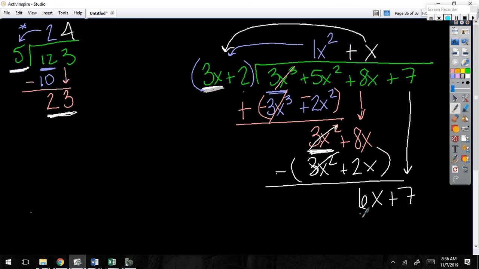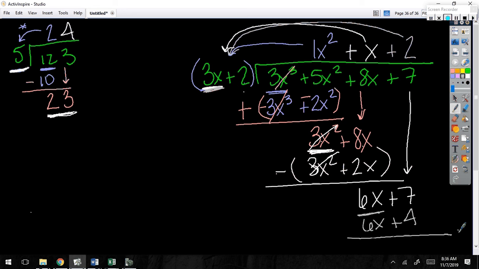What do you multiply 3x by to get 6x? 2. Multiply around. 2 times 3x is? And 2 times 2 is? 4. Okay. I said 2 times 3 is 6. We already did that. All right.